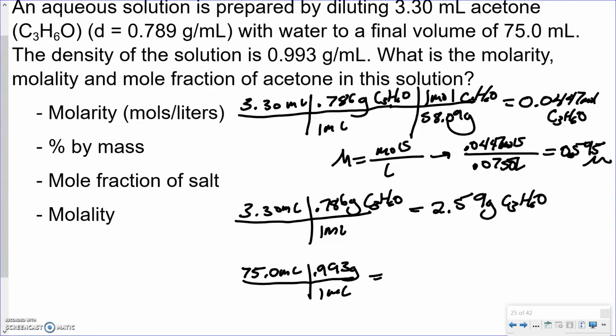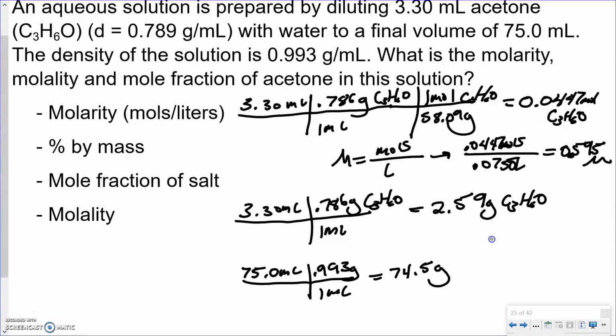Okay, so 75 times 0.993, and that's going to give us 74.3, sig figs, we'll say 74.5 grams.